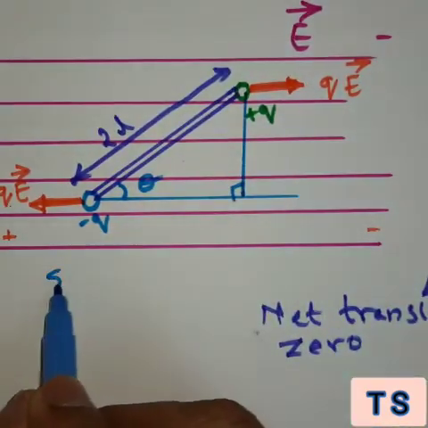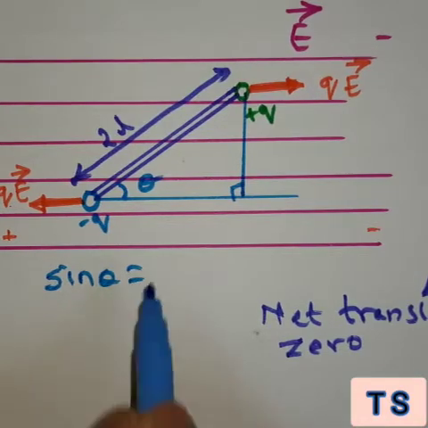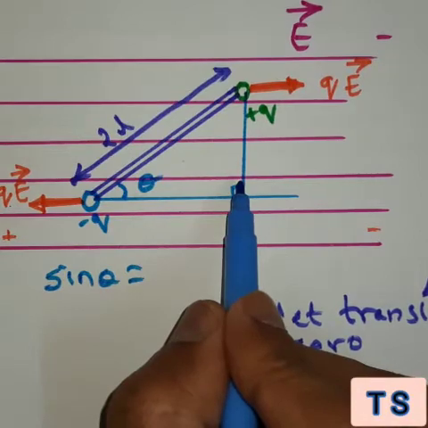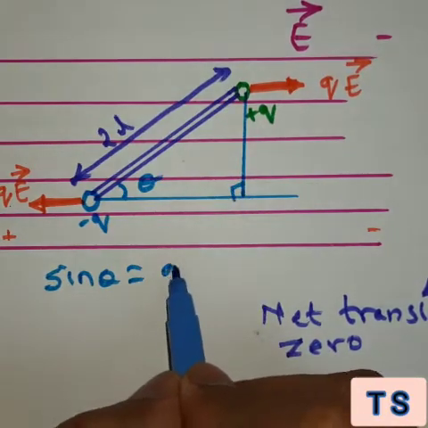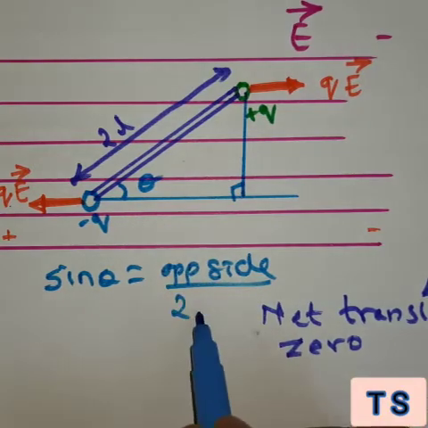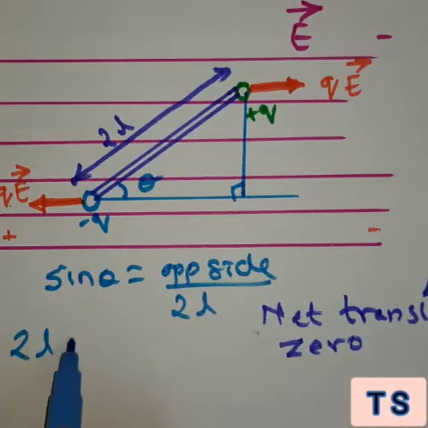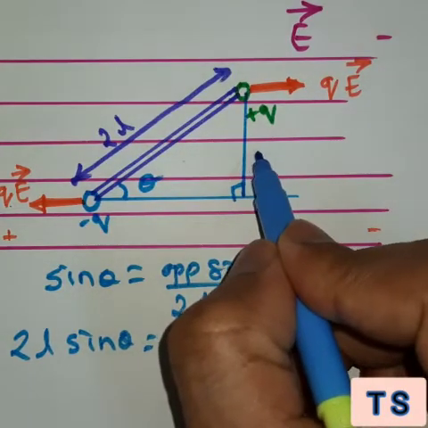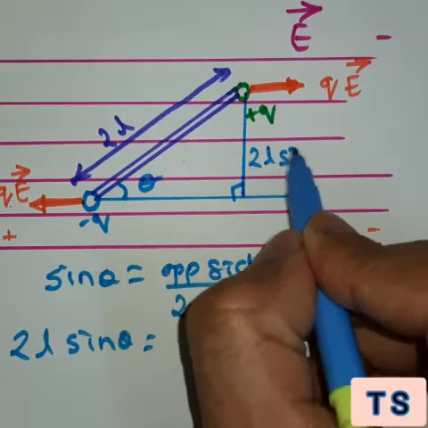If I find sine theta from here, sine theta is the opposite side upon the hypotenuse, which is 2L. Therefore this particular distance is 2L sine theta.